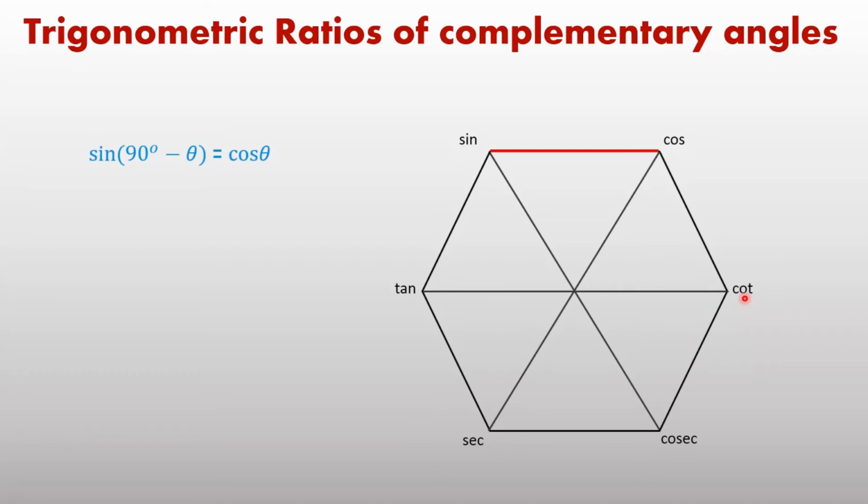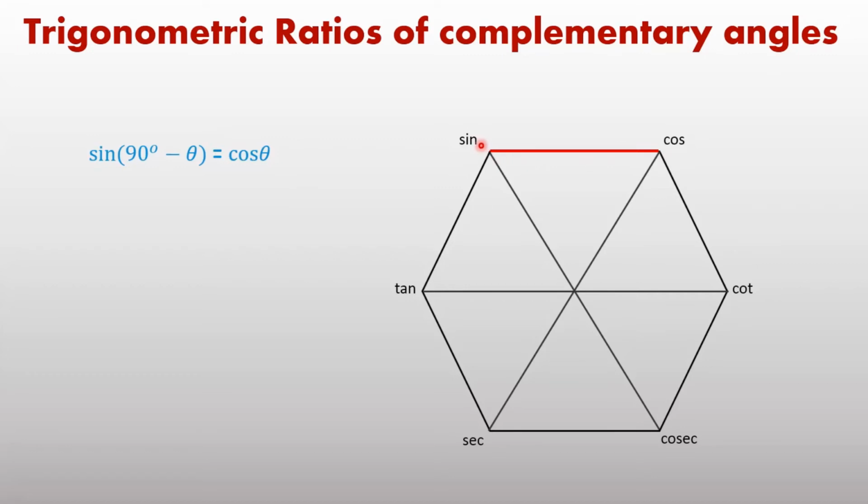Again, the same hexagon we are going to use to remember the identity. Sine 90 minus theta equal to cos theta. There are three horizontal lines. One line related with sine cos, second is for tan cot, and third is sec cosec. Concentrate on the first horizontal line, sine cos.